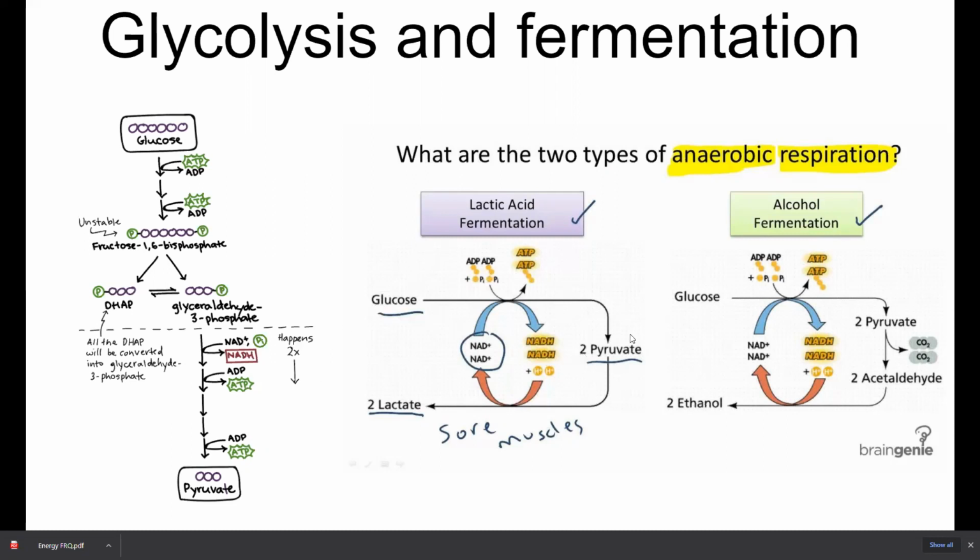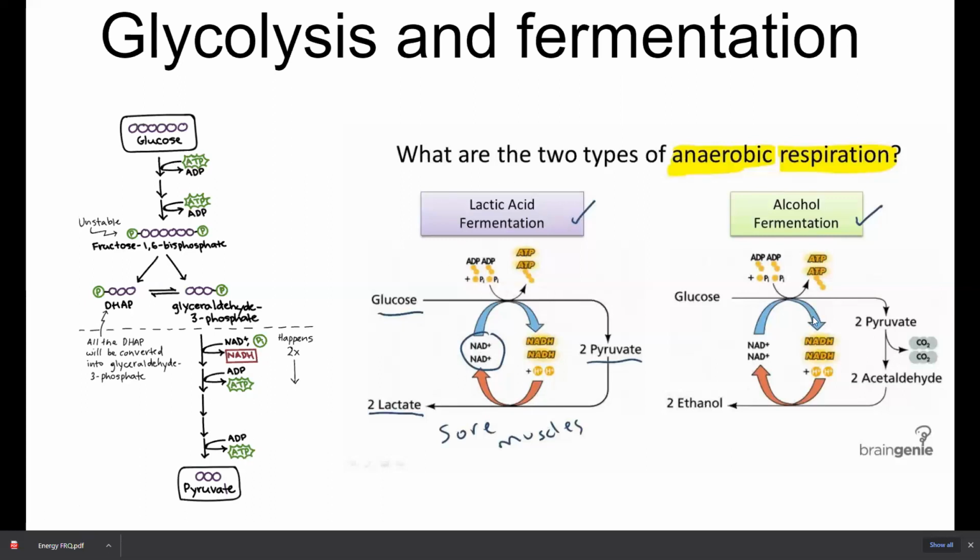But instead of those pyruvates going into the Krebs cycle and then generating things for the electron transport chain, they're going to get converted into lactate or lactic acid, which is where you get sore muscles from. Now, that NADH, instead of going to the electron transport chain, is going to get converted back to NAD+, which you need in order to run glycolysis in order to get these ATP out.